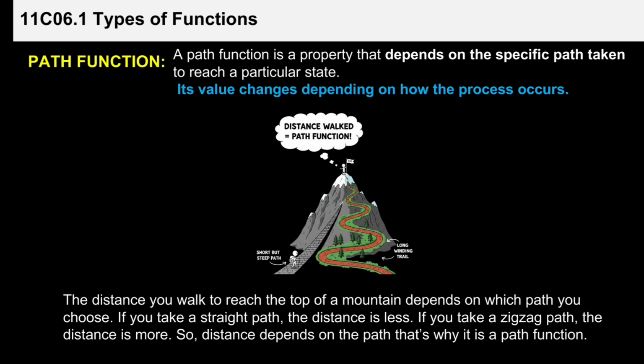If you take a straight path, the distance is less, and if you choose the zigzag path, the distance is more. So the distance depends on the path. That is why it is a path function. In the previous example, we said that the height of the mountain top is a state function, while in this example we are saying that the distance to the top of the mountain is a path function. So never get confused between them.